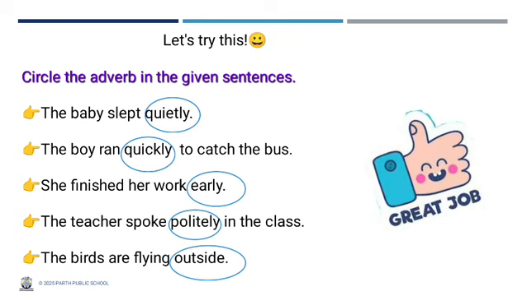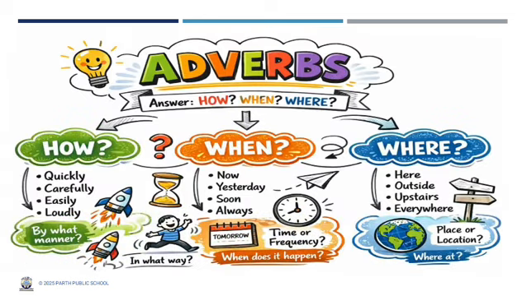So, next we have recapitulation. Let's revise what we did so far. An adverb is an answer of how, when, where: how the action is done, when an action is done, and where the action is done. For how we have a few words: quickly, carefully, easily, loudly, and there are many more.